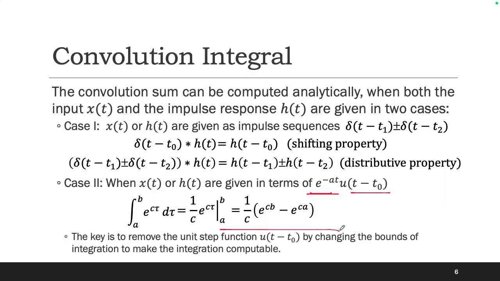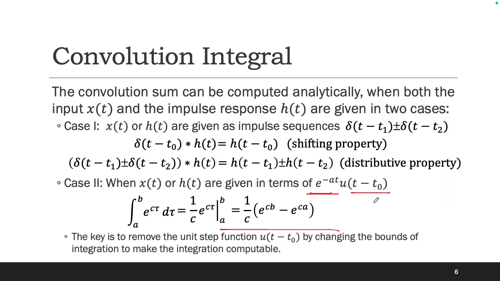Okay, the key here is to remove the unit step function u(t minus t naught) by changing the bounds of integration to make the integration computable. Let me ask you a question. If you want to remove u here, what should you do?